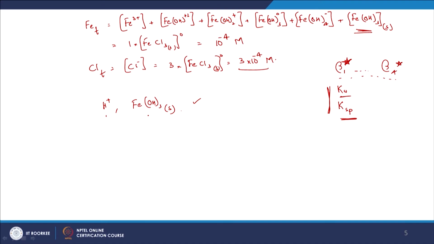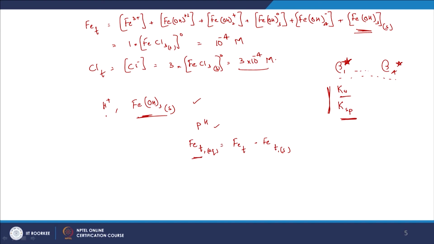And once I solve for them, obviously I can calculate pH, and once I have this solid, obviously Fe total in the aqueous phase will be nothing but Fe total minus Fe total in the solid phase, which is what we just calculated, right. And obviously that is what the question asks for, right.